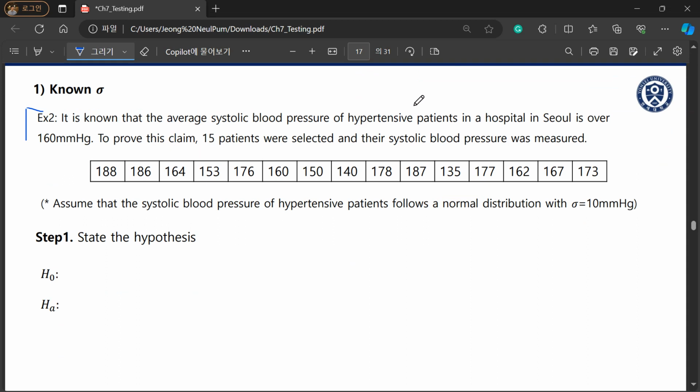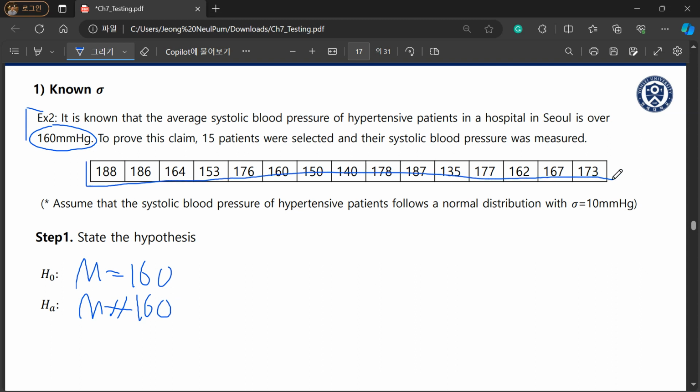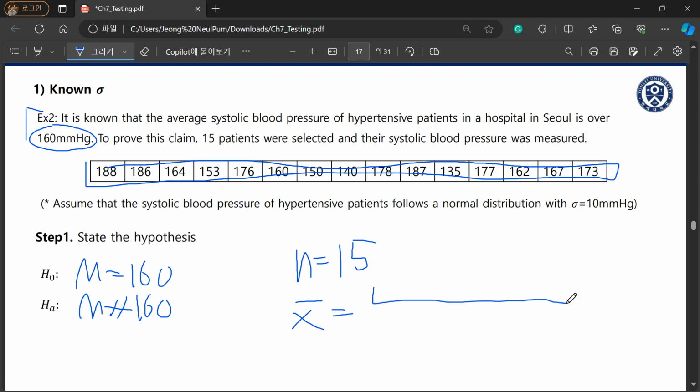Our hypothesis testing is about whether our population mean mu is 160 or not. We observed 15 samples from the experiment. So our sample size is 15, and we know the sample mean by summing up all the values above and then dividing by the sample size.